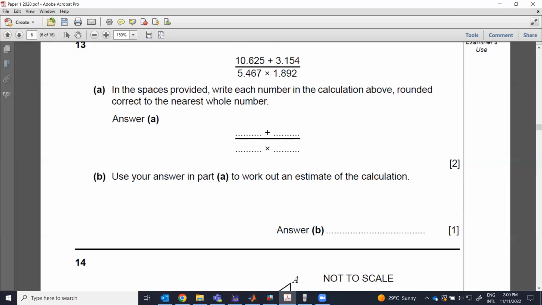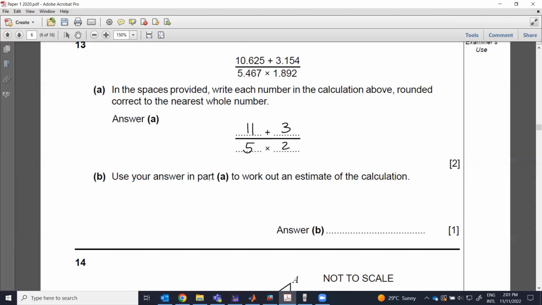If it's less than 5, then you leave the number as it is. So this is greater than 5, so this I'll round off to 11. At 3.1, we round it off to 3, it's the nearest whole number, and then 5.4, this is 5, and then 1.8, this is 2.